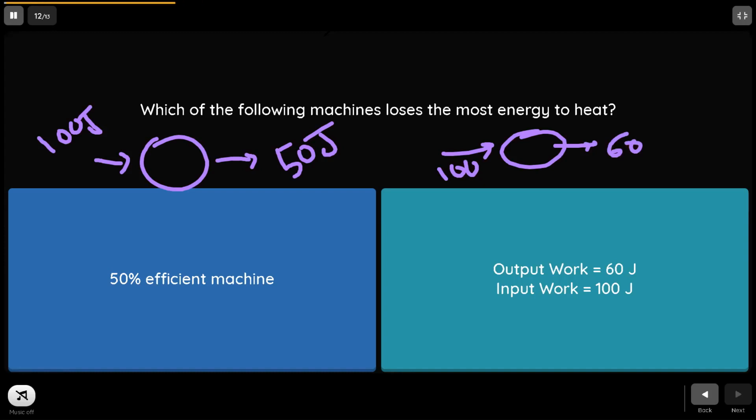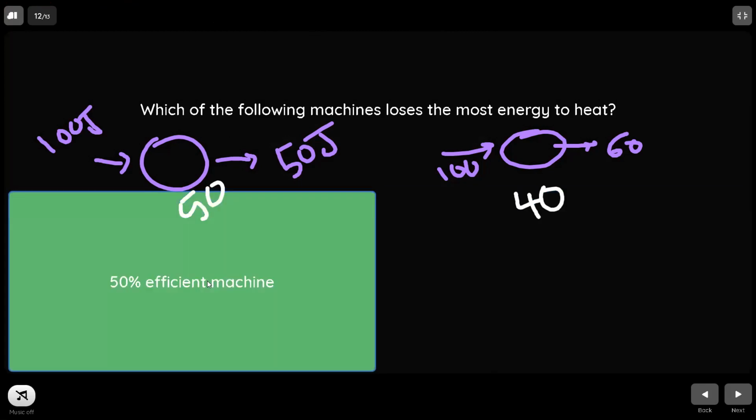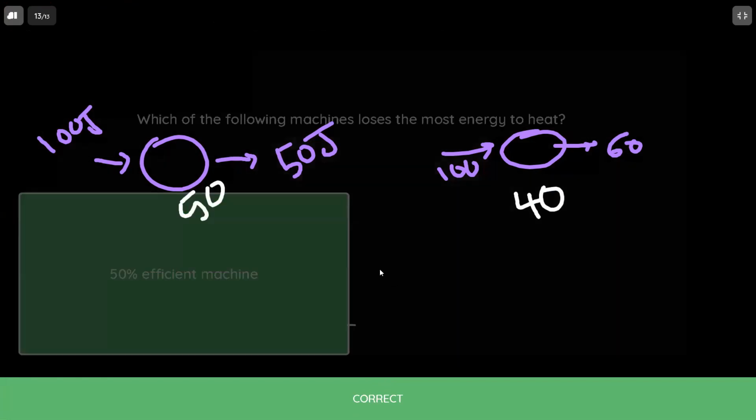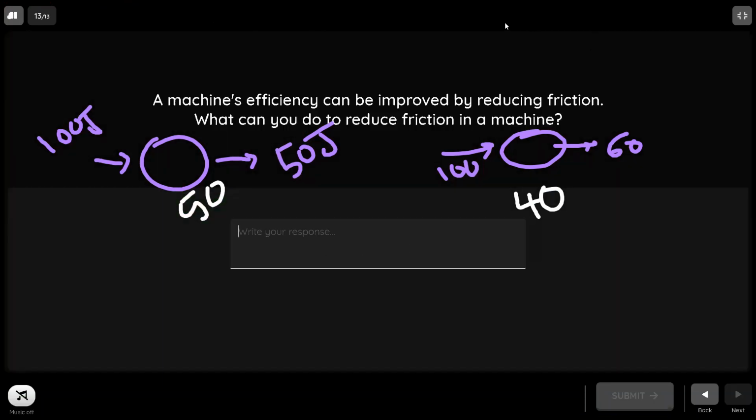Now let's find the loss. The loss in the first is 50, and in the second, the loss is 40. So which of the following lost the most energy, the first or the second one? The first, with 50, exactly. Look here, 100 joules in, the output is 50.